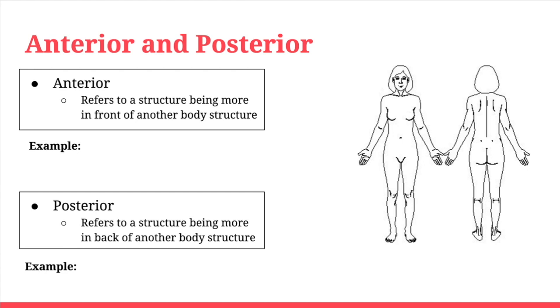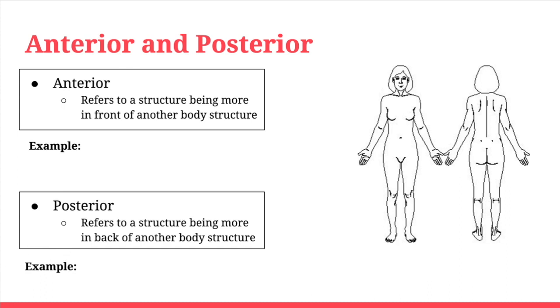I will give you an example for anterior here. If you want to use it in your notes, that's fine. You could say that the navel, or the belly button, is anterior to the stomach. It's closer to the front of the body than your stomach is. Again, you need an example for anterior and posterior.